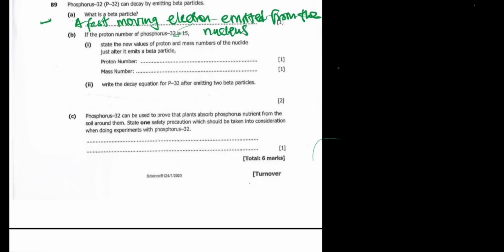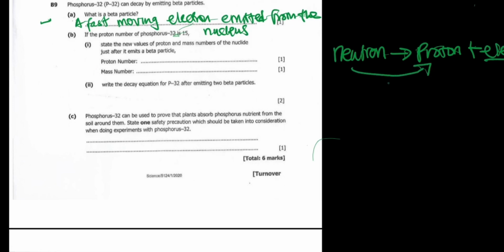What happens is that a substance may emit a beta particle, but when it emits a beta particle, what is really happening is that a neutron in that particular atom is actually changed into a proton and then an electron which is emitted as a beta particle. So this electron is emitted as a beta particle, but a neutron is actually changed into a proton.